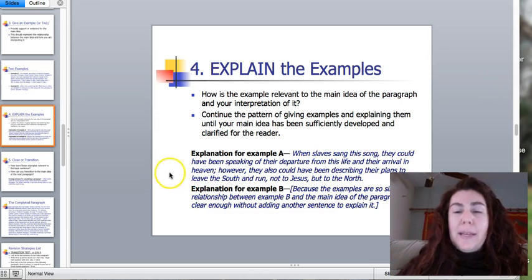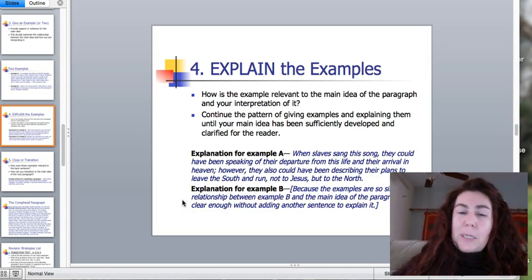So for my explanation of example A, when slaves sang the song, like I said, they could be talking about departing their life and going to heaven, or they could be talking about running away north. And for my explanation of example B, it's pretty similar to A, so that explanation alone is sufficient for my example A and example B.